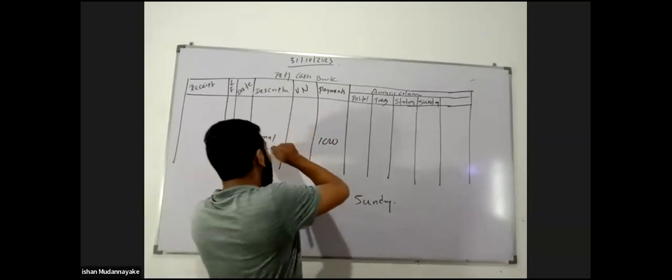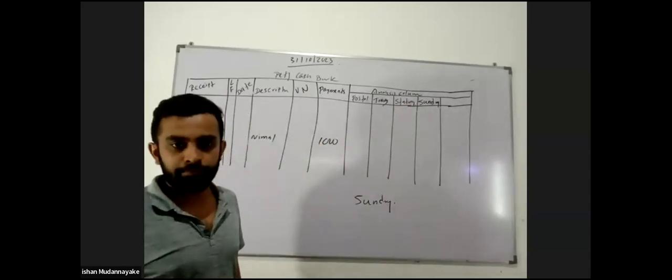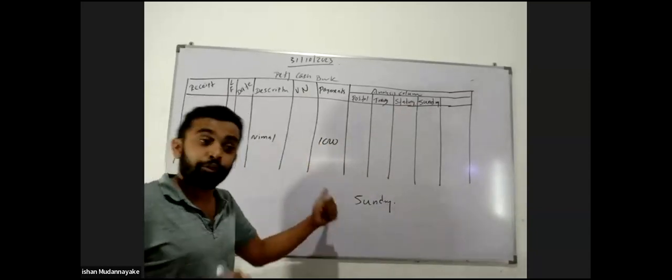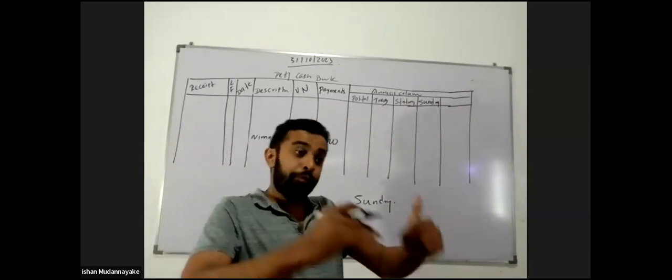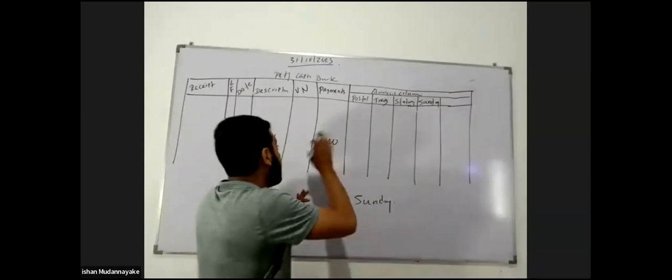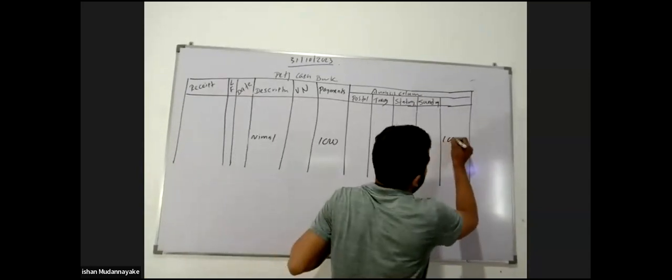Then to this creditor Nimal, we have a separate ledger account. Then this amount paid to Nimal, we need to record in another column.